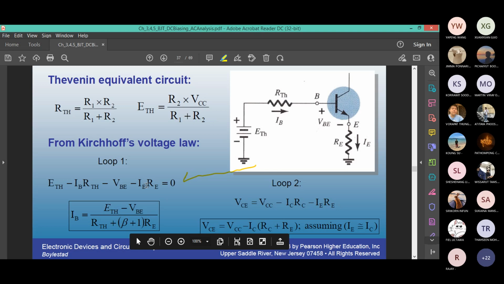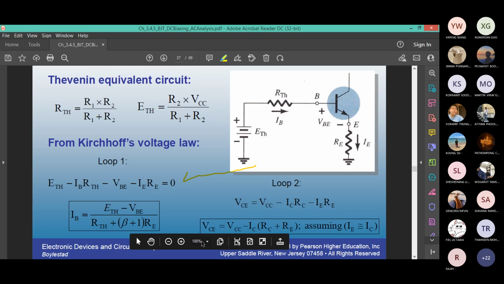Why IE equals IC plus IB? From that we got beta plus 1. Clear? So IE equals IB plus IC and IC equals beta IB. So if you simplify, everything can be expressed in terms of IB and you get this equation.